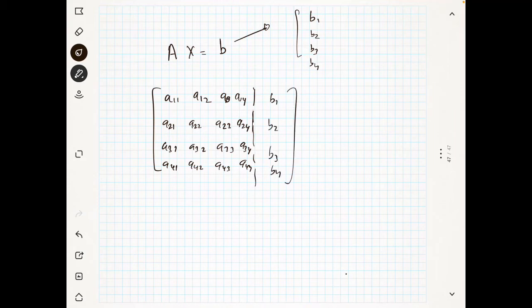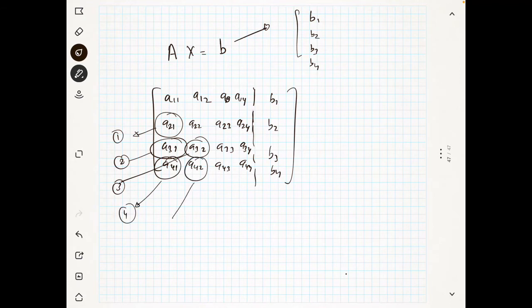Now, at first you want to make this entry 0. First make this 0, after that make this 0, and then make this 0, and you can proceed like this.